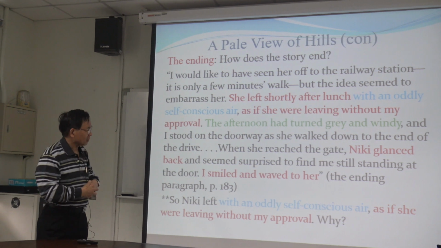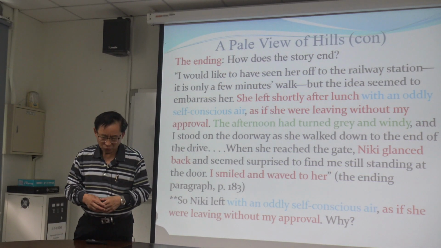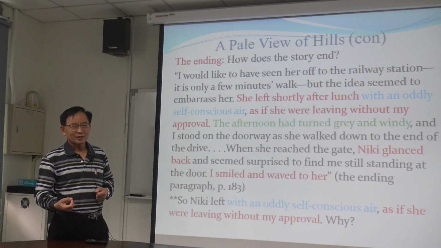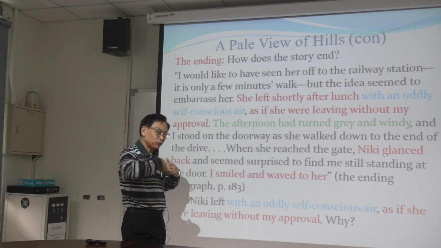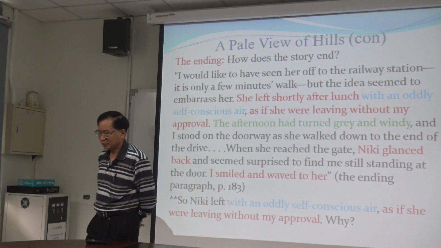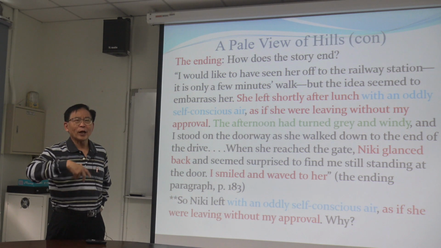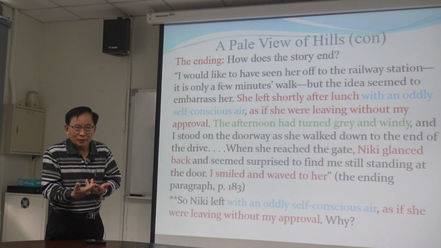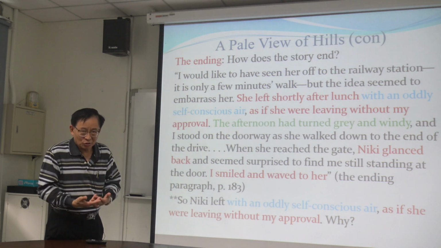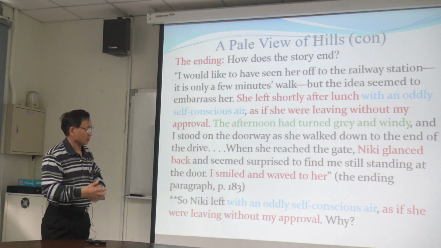In the beginning, it says the weather was gray and windy. So what's the function? By referring to the weather, one good argument is the author used the weather as a way to reflect the mindset, the attitude, the tone of the characters.